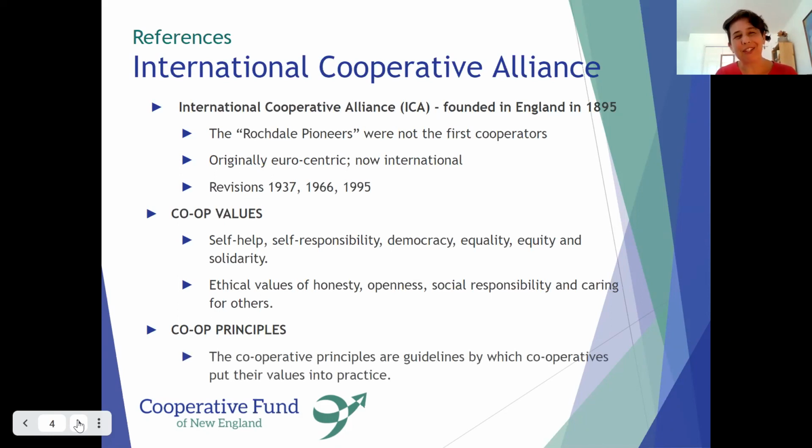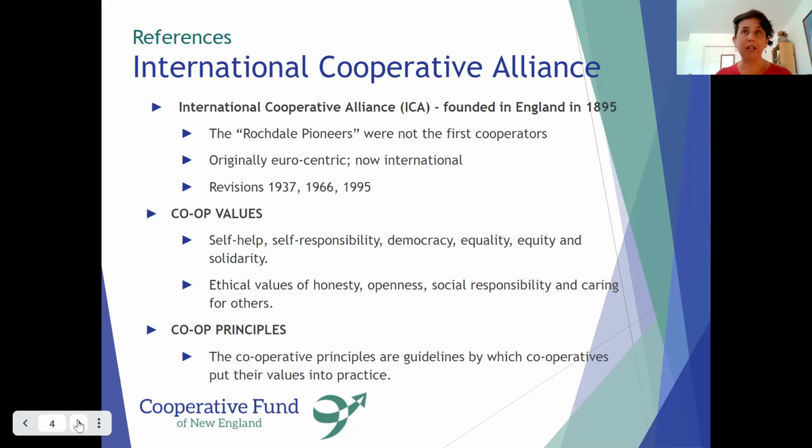Just a little background. In this series, we're focusing on the cooperative principles as though that is a monolith, and obviously it's not. People have been cooperating economically and socially throughout human history in a lot of different ways. So the principles that everybody in the modern co-op movement refers to are the principles developed by the International Cooperative Alliance, or the ICA.